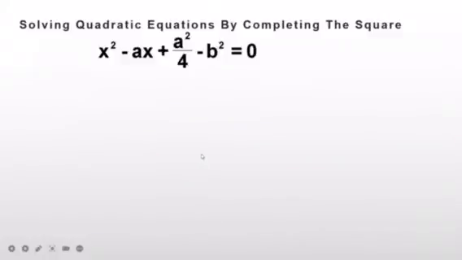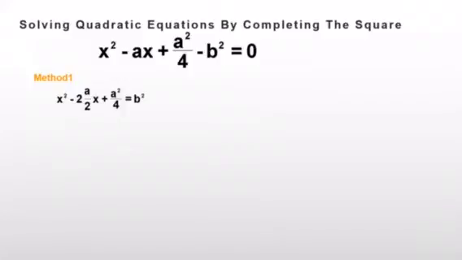Now, as an example, I'll show you this. x squared minus ax plus a squared over 4 minus b squared equals 0, where it's a quadratic of the variable x. So there are actually many methods of solving this quadratic, as many quadratics have. Now, the first method that I'm going to go over is just completing the square, where you can add b squared to both sides, and also basically turn a into 2 times a divided by 2, which is still a.